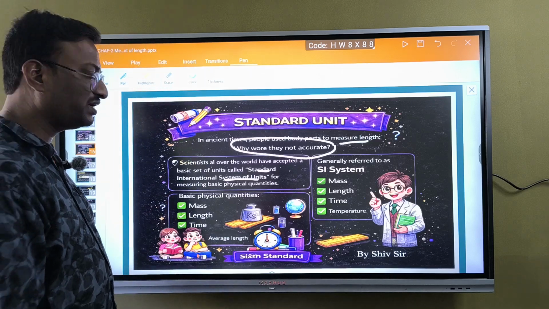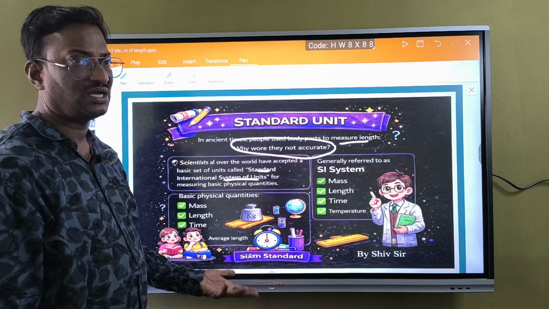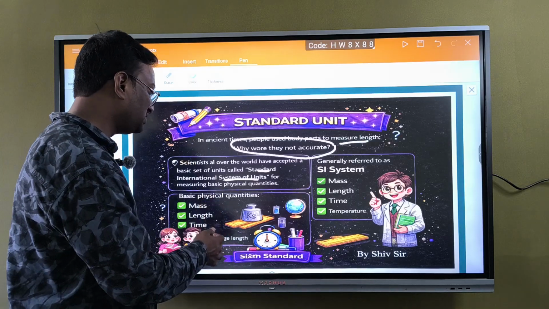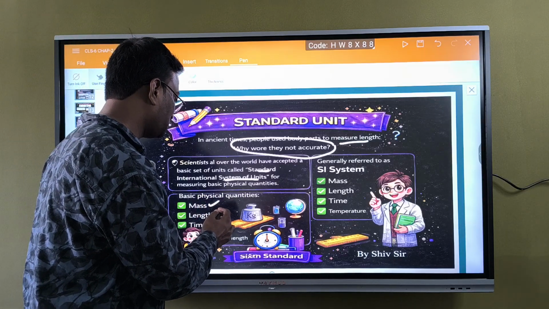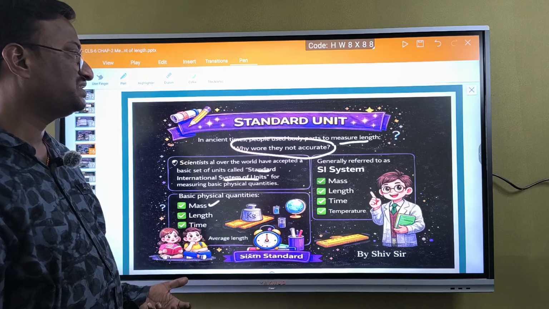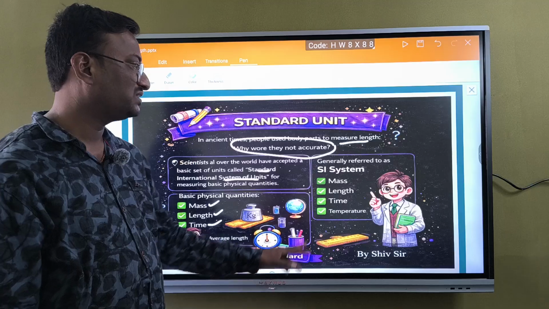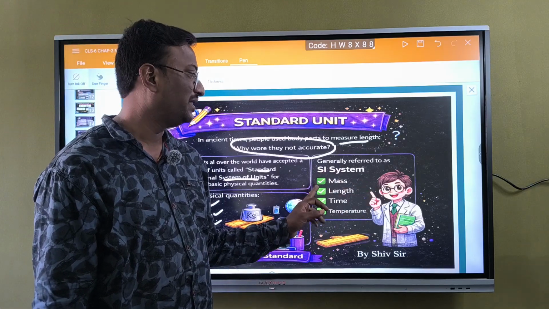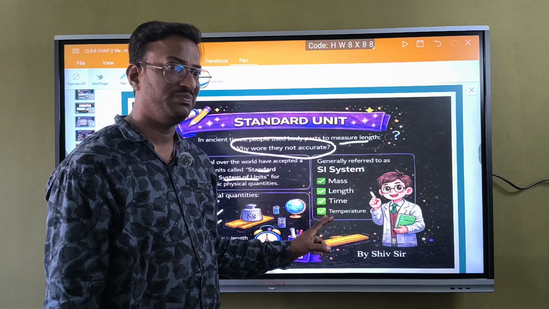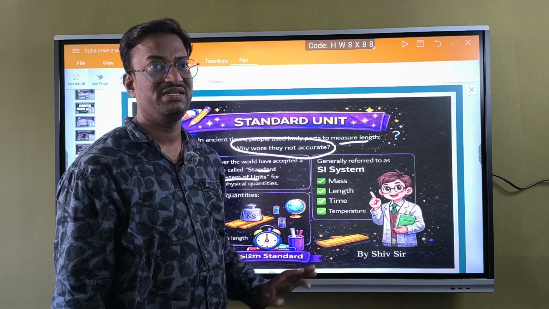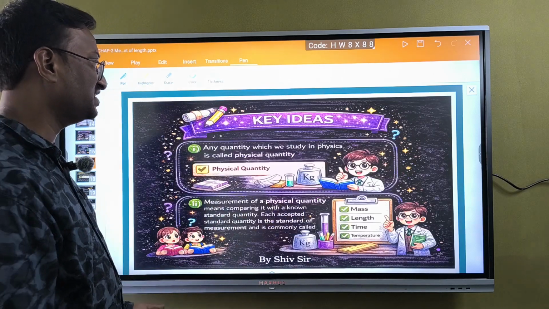Basic physical quantities are 3 things, though we have 3 more, which we will discuss after that. To measure length, mass and time, we have basic units. These are the basic fundamental units, generally referred to as the SI system. Mass is measured in kilogram, length in meter, time in seconds, and temperature in Kelvin in the SI system.